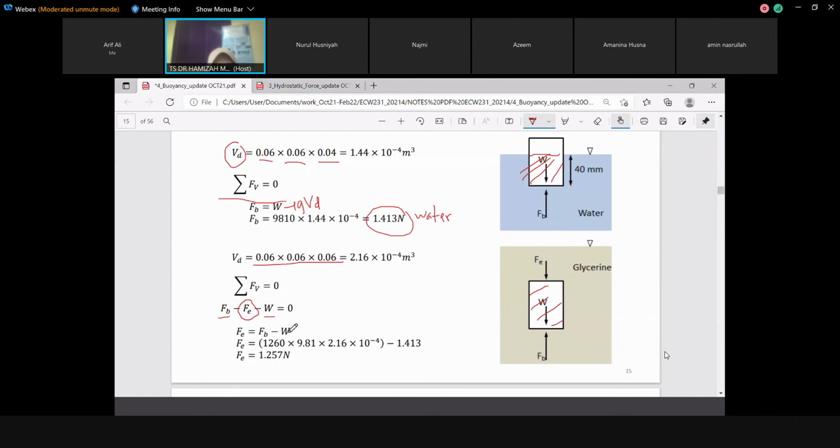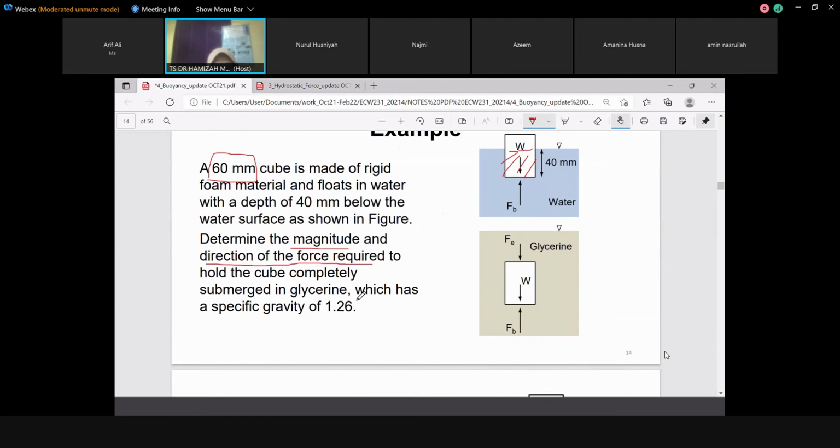So this one we calculate the weight. Okay, weight dia adalah density of the object bagi specific gravity. So specific gravity sama dengan, ini kita nak kira density, sorry. So how we measure density? Density ialah specific gravity darab 1000.